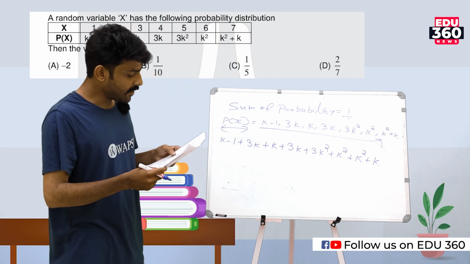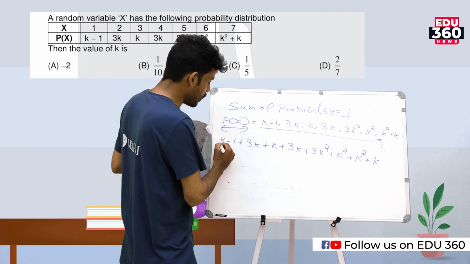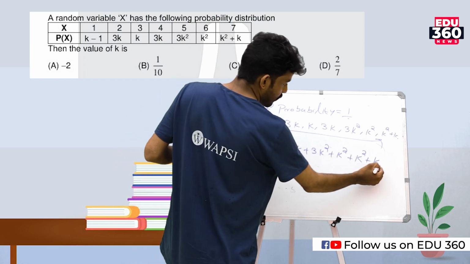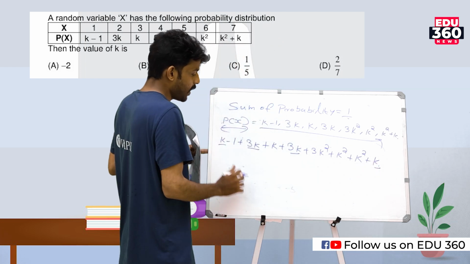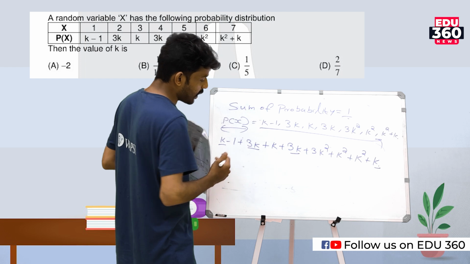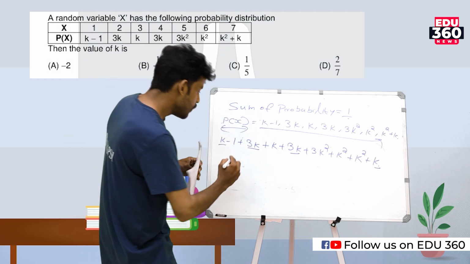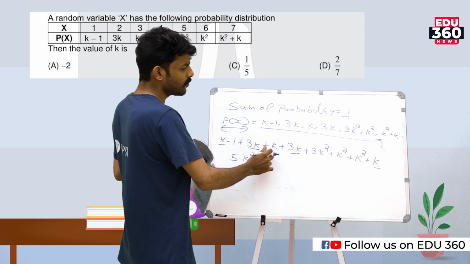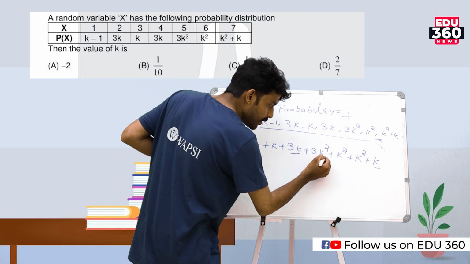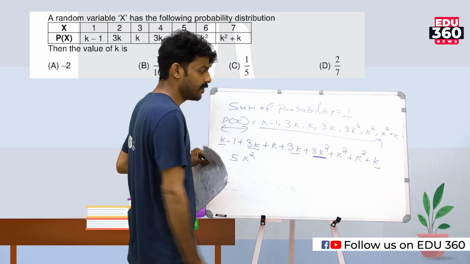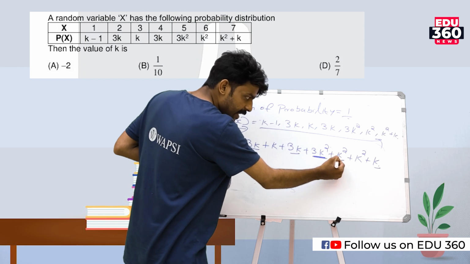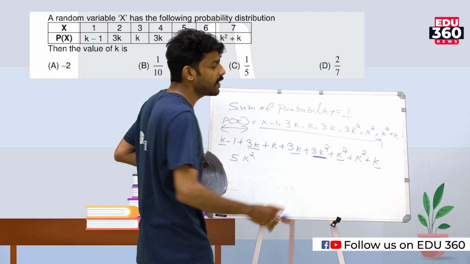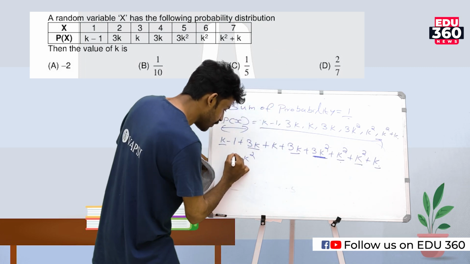Okay, just look here: k, 3k, again 3k, and k add up, and hereafter we can write 5k square. In the next step, we can add the terms. That means 3k square plus k square, which is 4k square, and again k square, so that is 5k square.